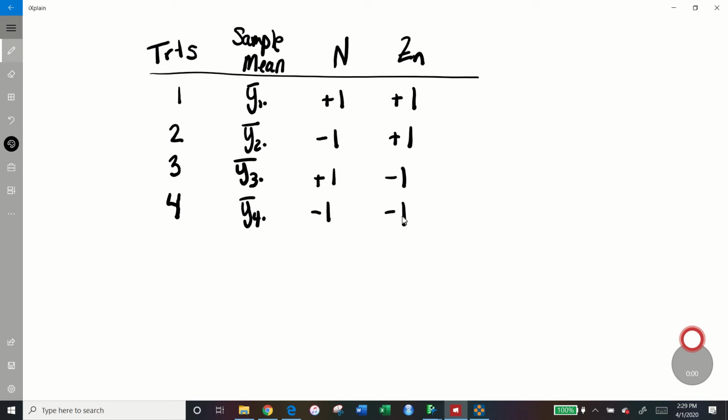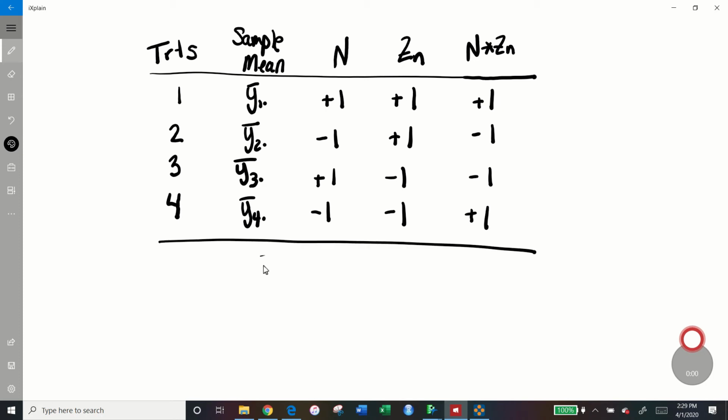Now taking a look at their dot product, we can multiply. After we finish our multiplication, to check if they're contrasts, the summation of our contrast should equal 0.